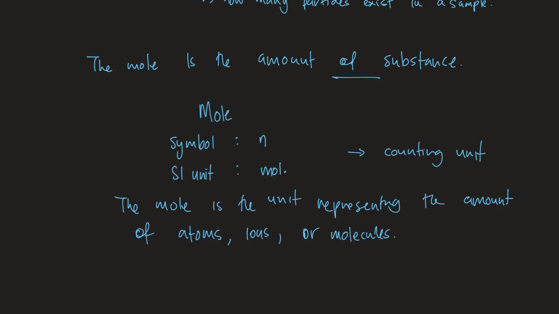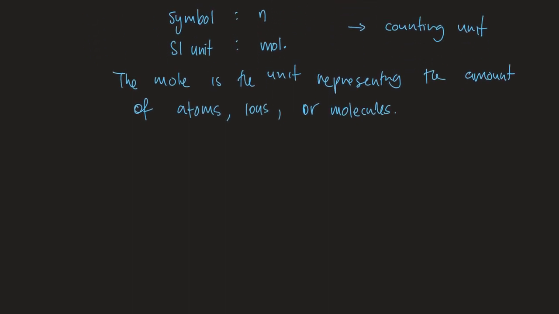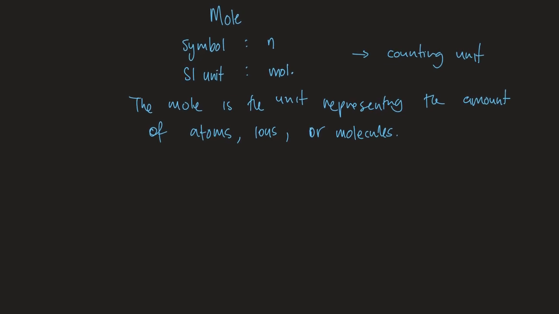Remember I said it's a very large number. So we say that 1 mole is equal to 602, 204, 500, and then a huge number of zeros follow that number.